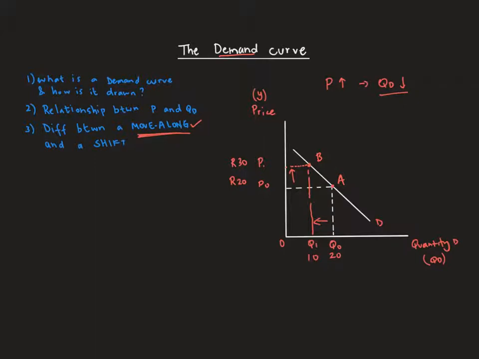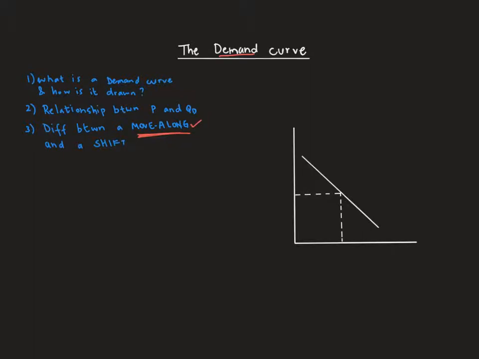This relationship here is called a move along. A move along only takes place when the price increases or decreases. In this case, it moved along the demand curve because price increased from 20 Rand to 30 Rand. You can see there. And this caused a move along from point A to point B.